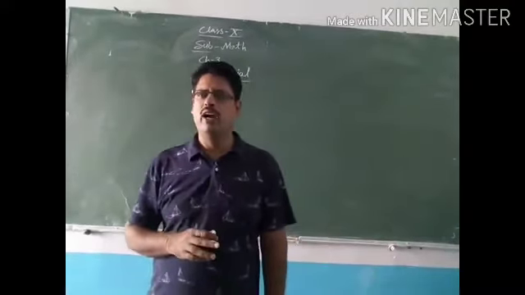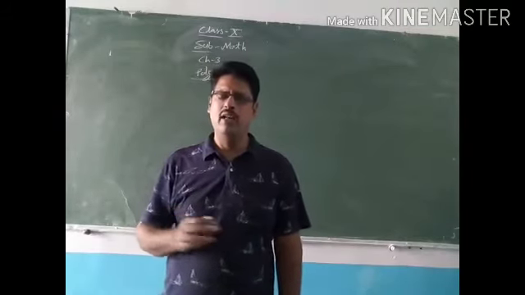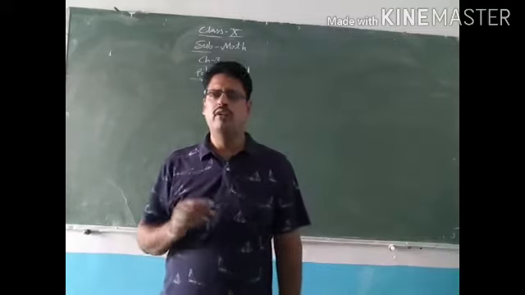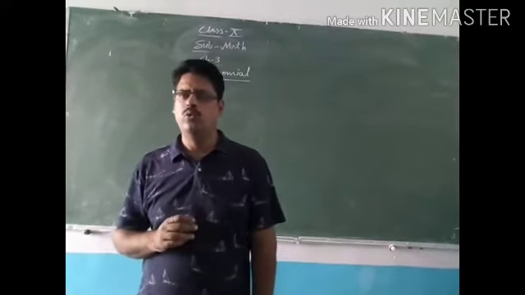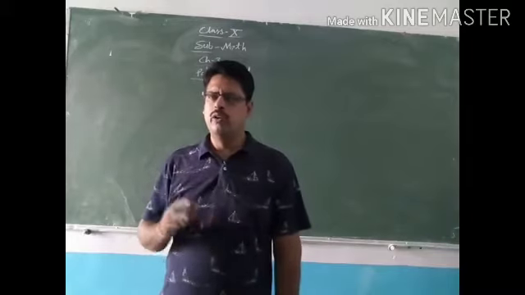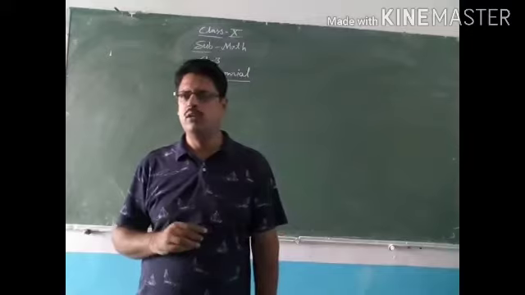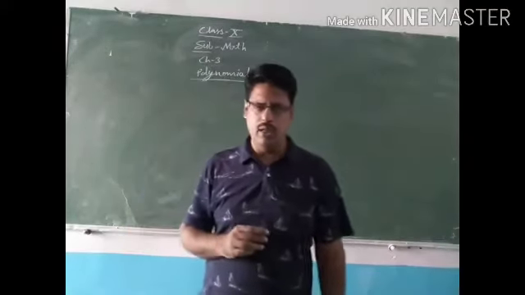After that you can find the zeros also. So today we will see again how to find the zeros and how to find the factors, and what is the relation between these zeros and the coefficients of the polynomial.